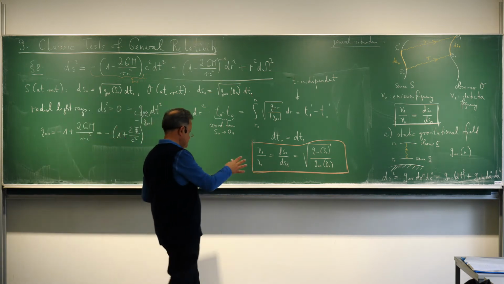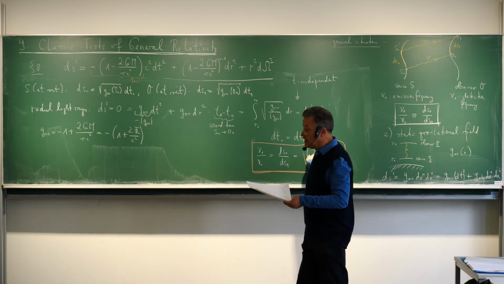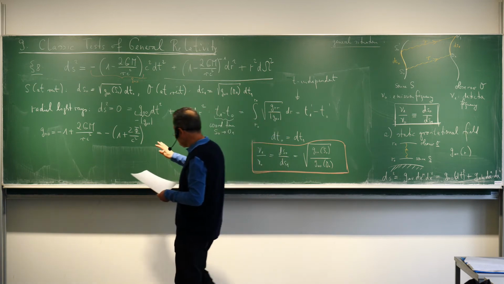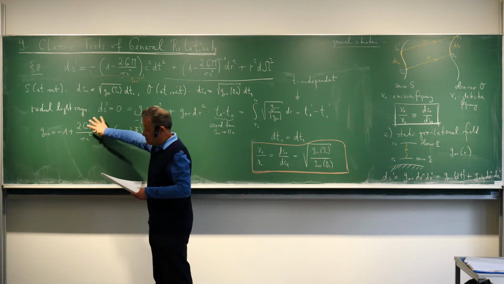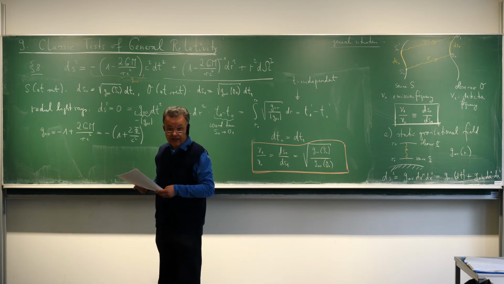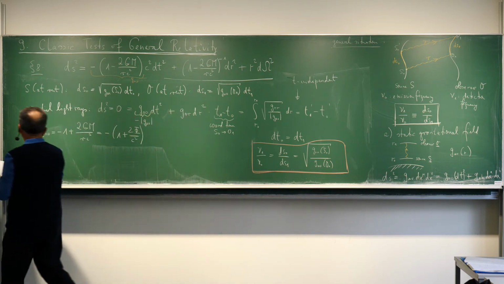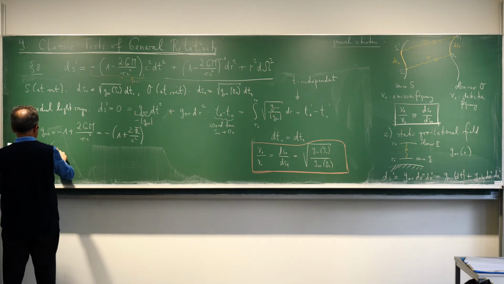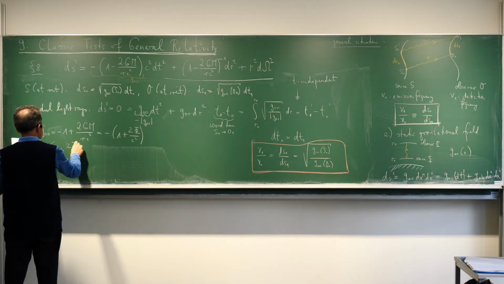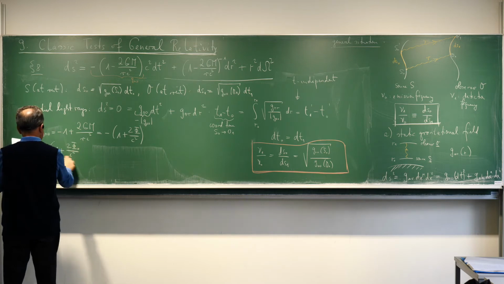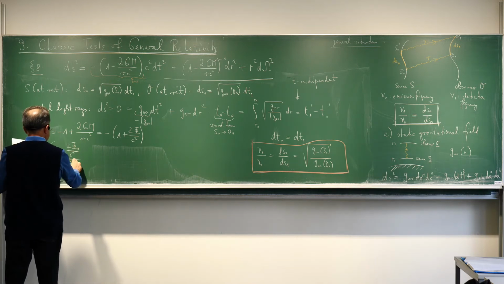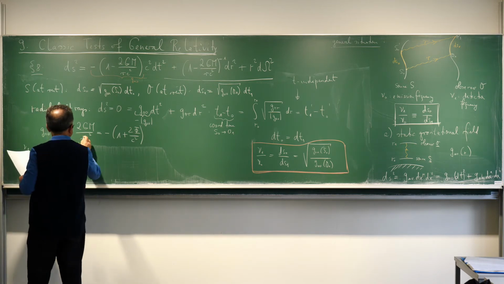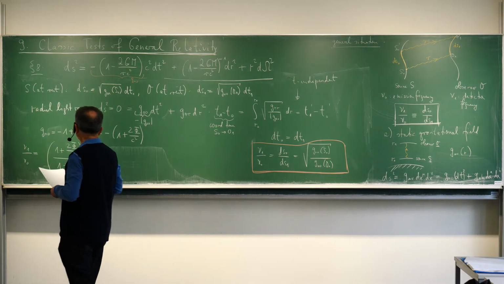And we have to insert this here. To get back the old result, of course, we have to take this as a small quantity so that we can make an expansion. So we have v1 over v0, which is then 1 plus 2 phi naught over c squared divided by 1 plus 2 phi 1 over c squared, to the 1/2.